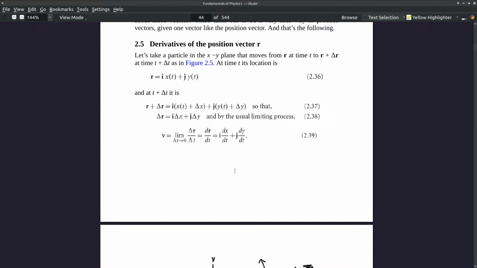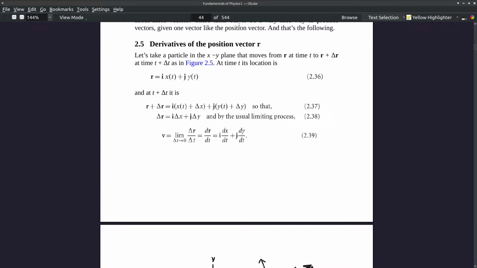At time t, its location is r equals i x(t) plus j y(t). At t plus delta t, it is r plus delta r equals i times x(t plus delta t) plus j y(t plus delta t). And if you're just listening, then you're missing some order of operations in that.